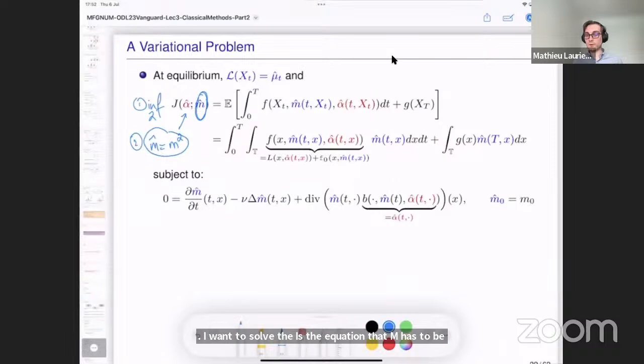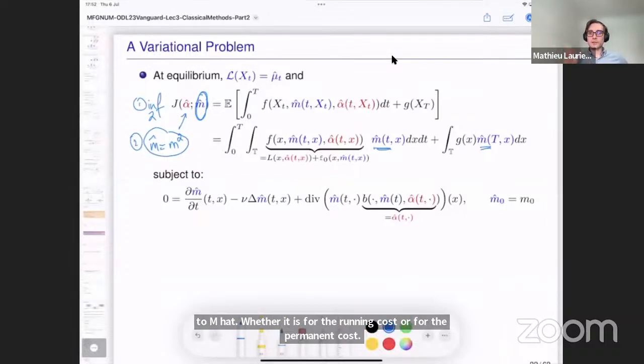Now we are going to interpret this problem using a variational point of view. So imagine we are already at equilibrium. You have alpha hat, you have m hat, and you write the cost for one representative player. So you can write everything as an integral with respect to m hat, whether it is for the running cost or for the terminal cost.